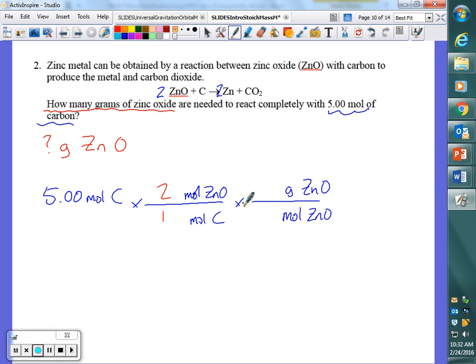Grams of what? What's the mole? Remember, if you want, think of the original number being 1. 81.41.